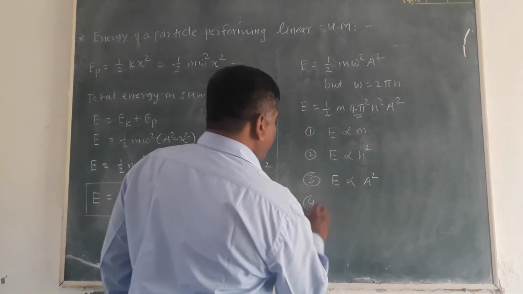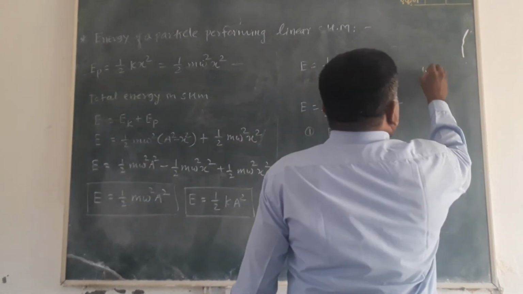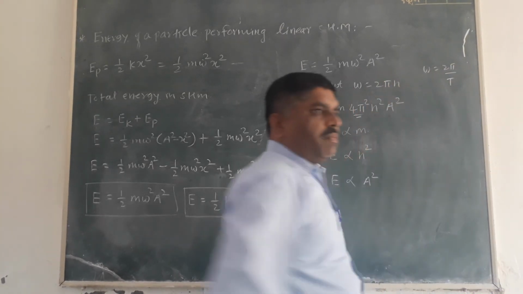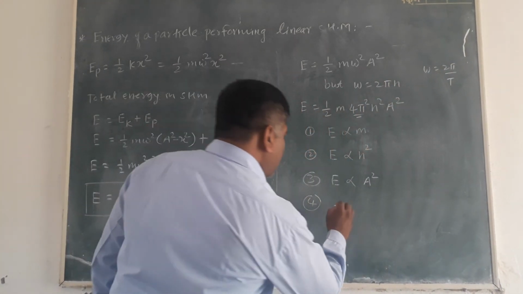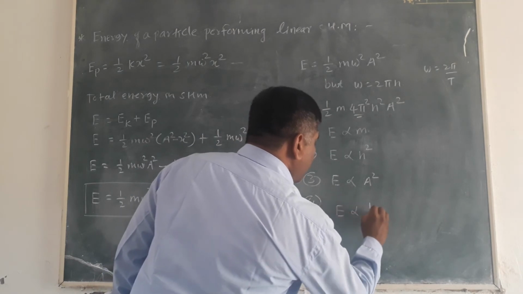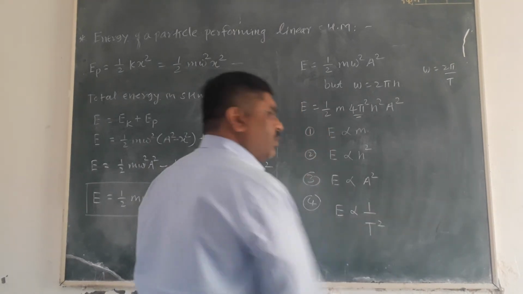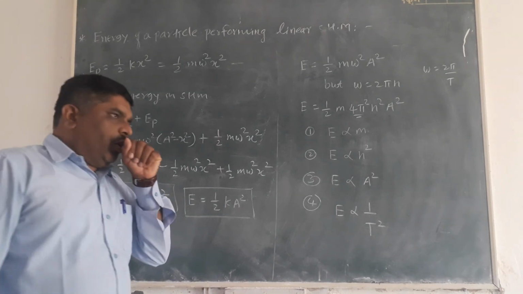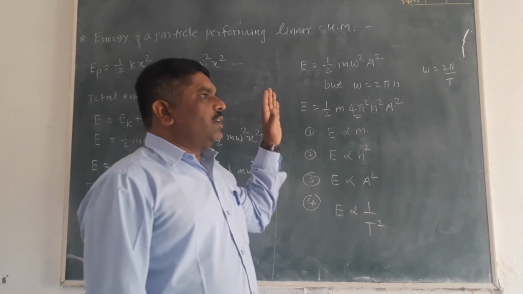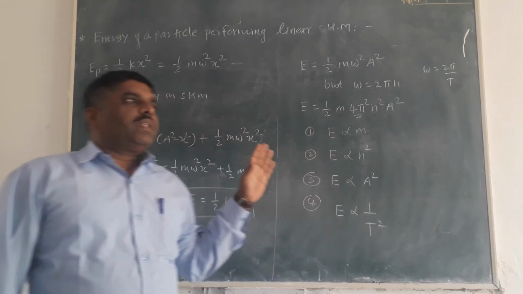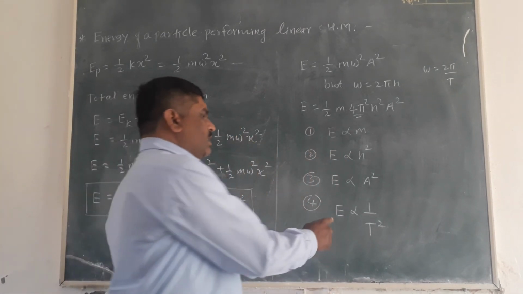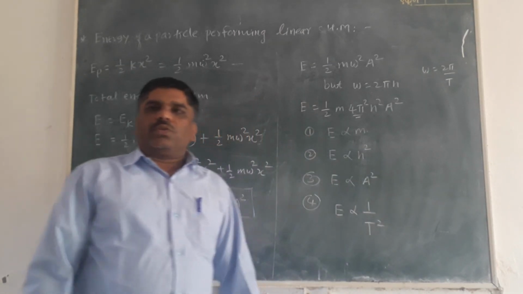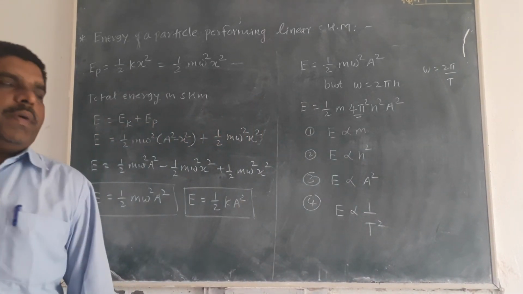And number 4, we know that omega is equal to 2 pi upon T, where T means period, and this energy is inversely proportional to square of period. That is, the total energy in simple harmonic motion, that is E, is inversely proportional to square of period.